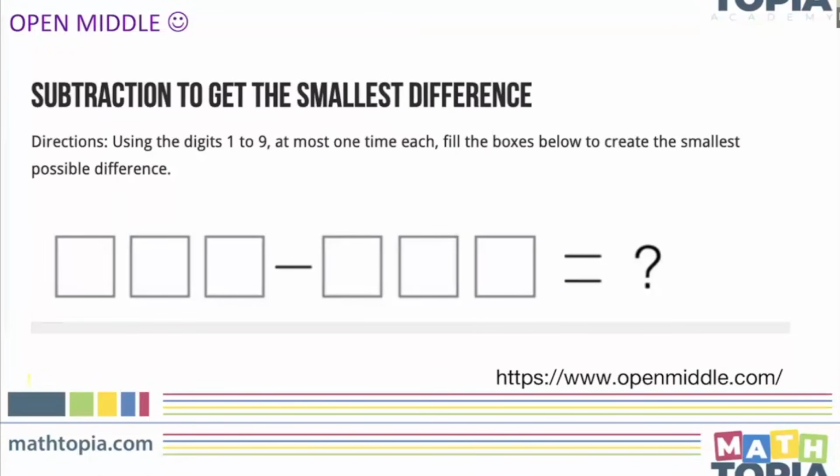So you are going to use numbers 1 to 9, each one only once, and you need to create the smallest possible difference. We need to create the smallest possible difference.